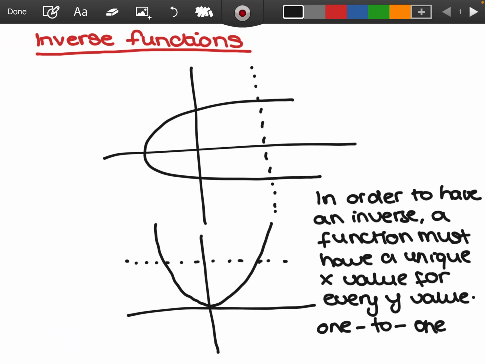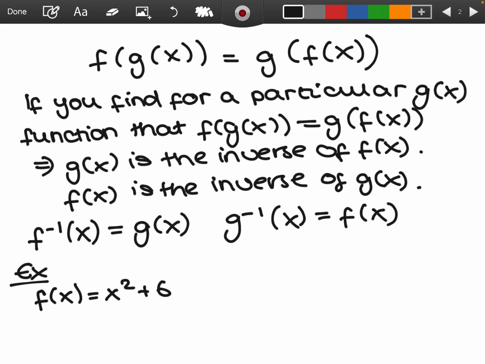Well, if we take it back to what I was doing with graphs, if we were to graph out x squared plus 6, you would have this quadratic. It will have been shifted up by 6 units, but it is a quadratic graph. And we've already said that a quadratic does not satisfy the horizontal line test, because in order to have an inverse, the function must be 1 to 1. I must have a unique x value for every y value and a unique y value for every x value.